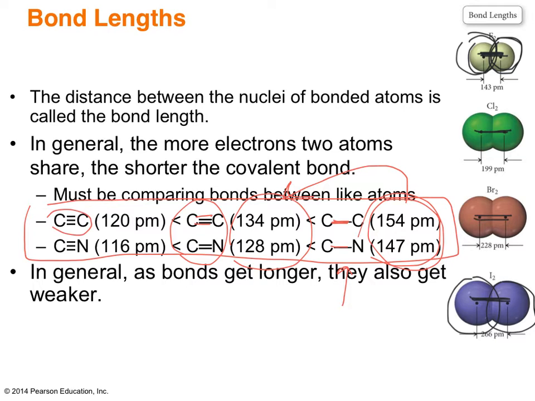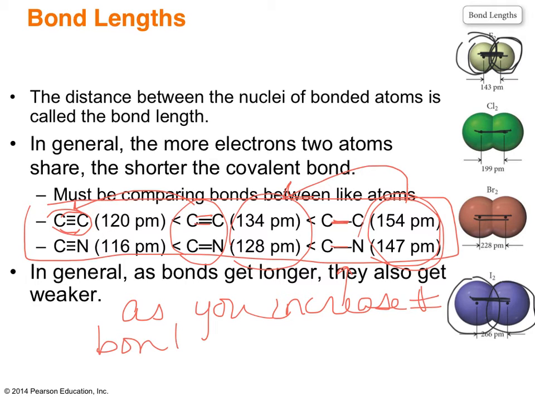And triple bonds, of course, have the shortest bonds of all. Each bond represents a level of attraction between the two atoms. So as you increase the number of bonds, bond length decreases.